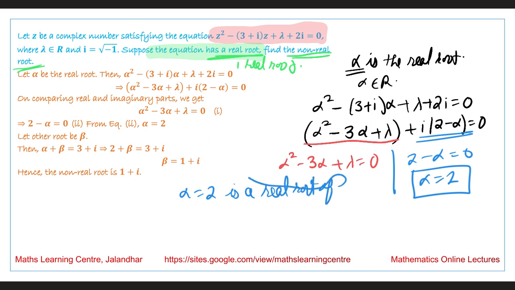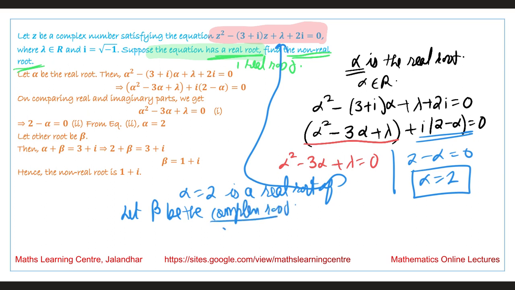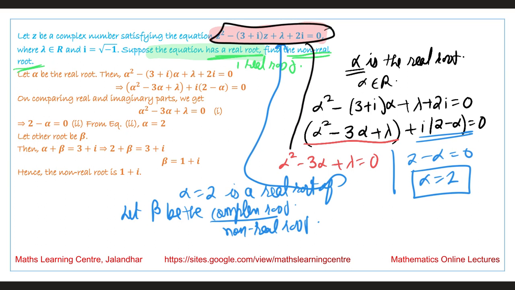So let beta be the complex, or non-real, root. Clearly this is a quadratic equation in z, and if alpha and beta are its roots, then the value of alpha plus beta will be equal to 3 plus iota, that is minus b by a.